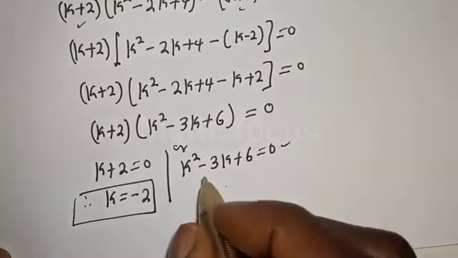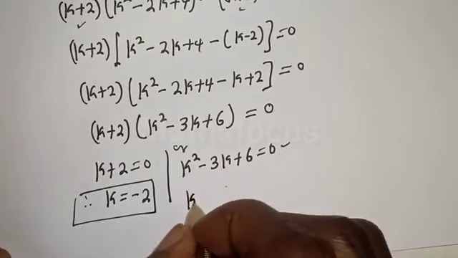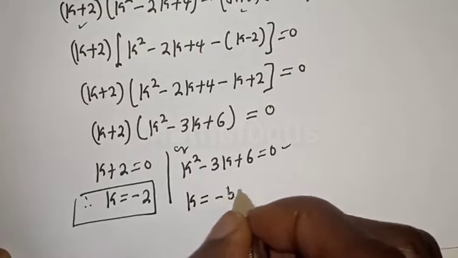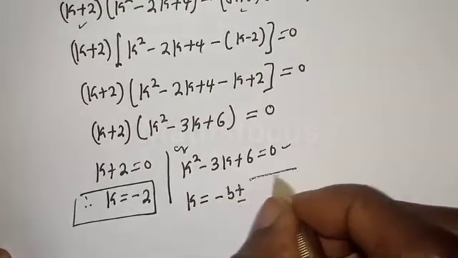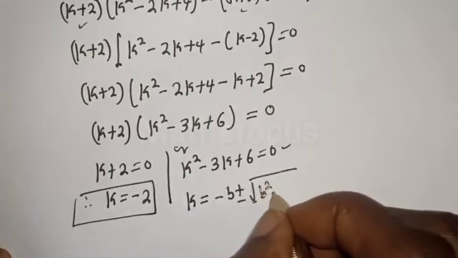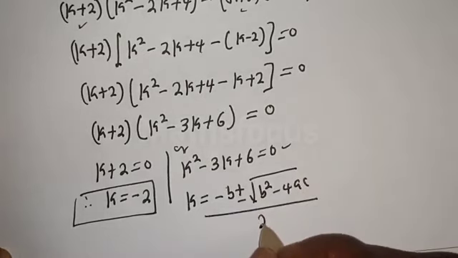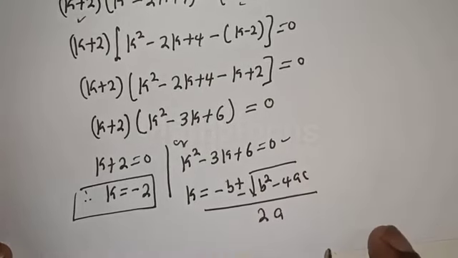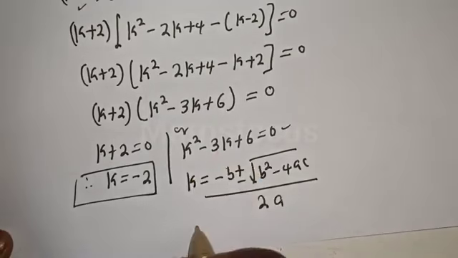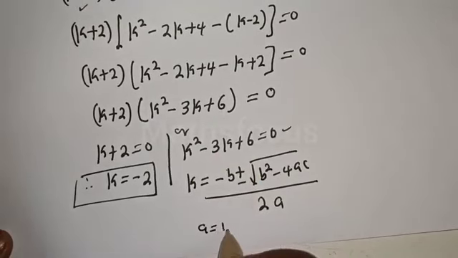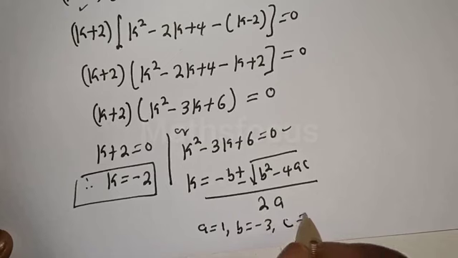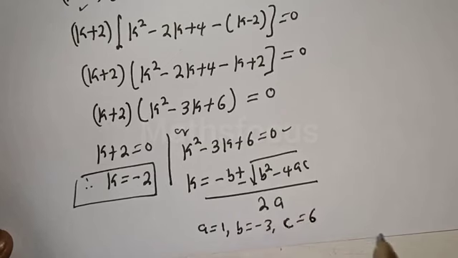And our quadratic general formula in this case gives us k is equal to minus b plus or minus square root of b squared minus 4ac over 2a. From this equation, a is equal to 1, b is equal to minus 3, c is equal to 6.